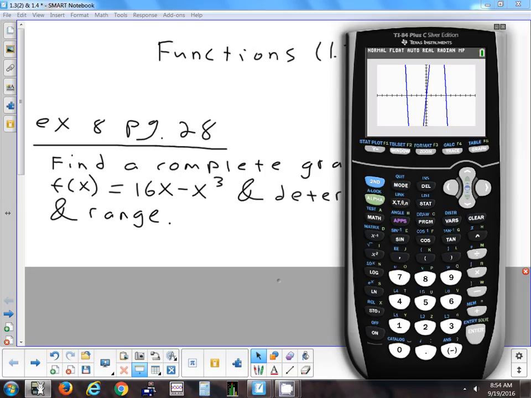Okay, Alex, is that a good window? No. All right, it's not a good window because I'm cutting off parts of the graph. I think it's turning, but I can't see it. It's off the screen. Somebody tell me which of my 4 values, x min, x max, y min or y max, do I need to adjust so I can see what's happening?